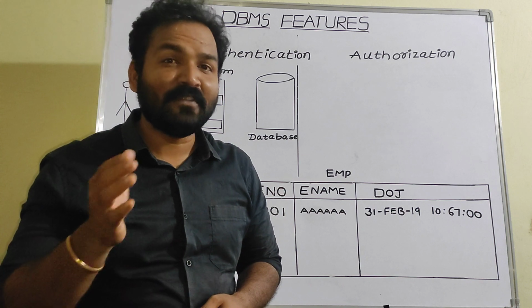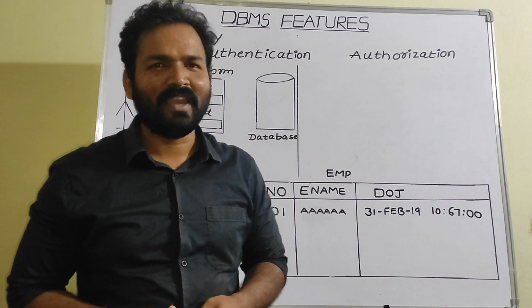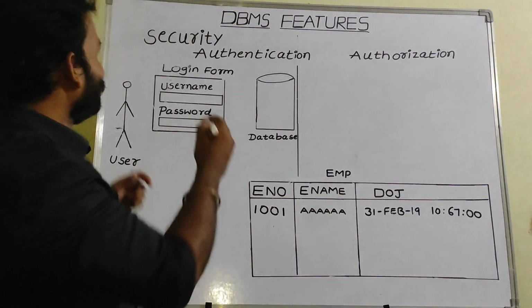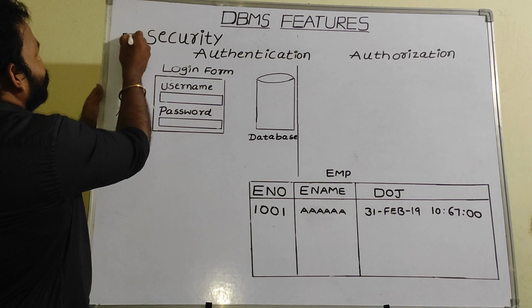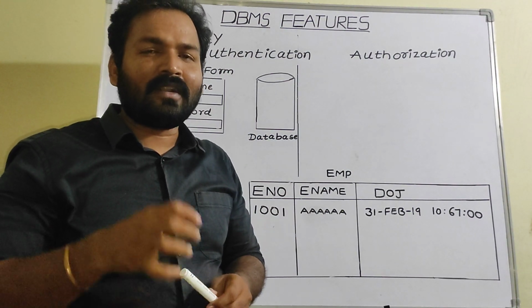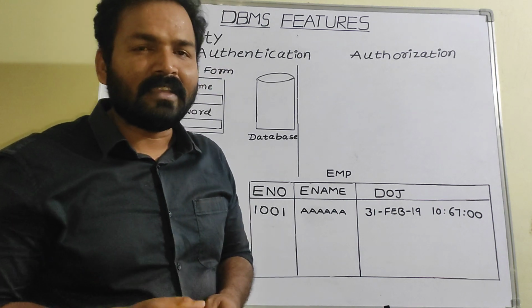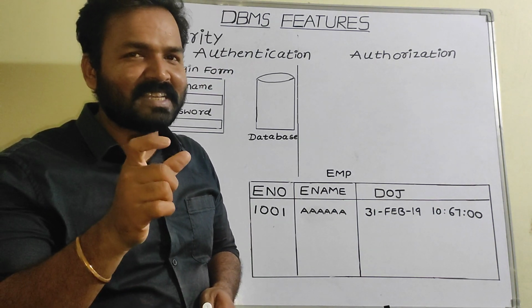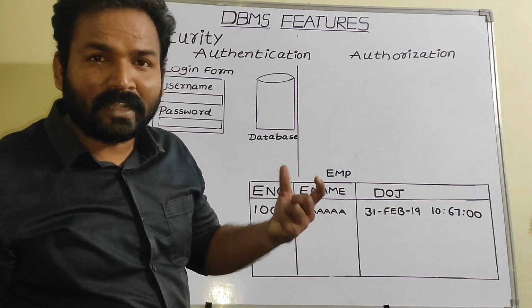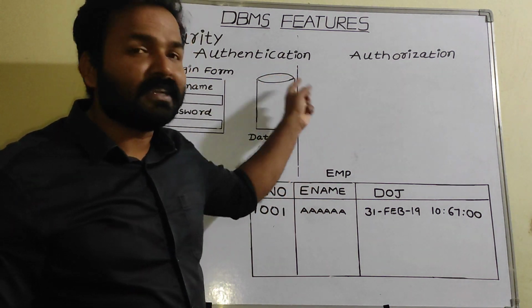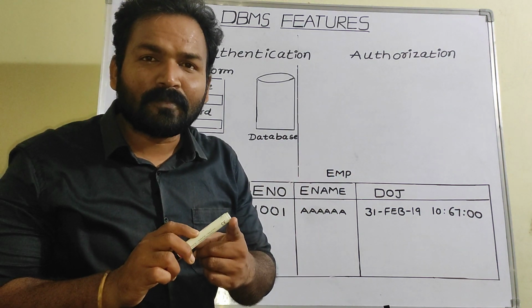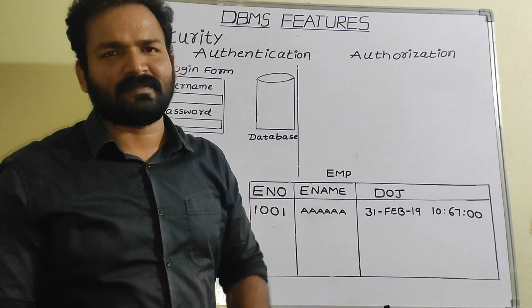Next, what does database security mean? Database security is the mechanism to protect the database against intentional or accidental threats.